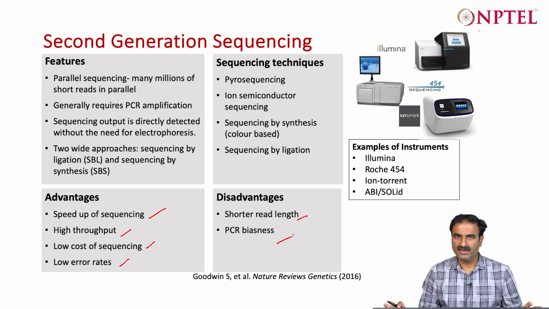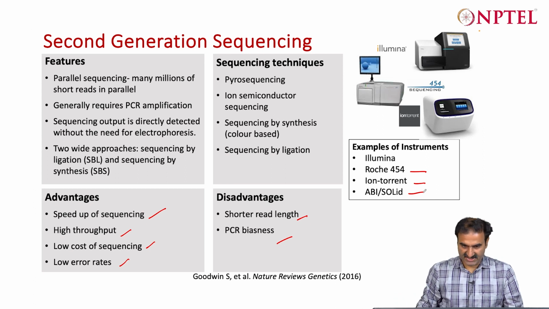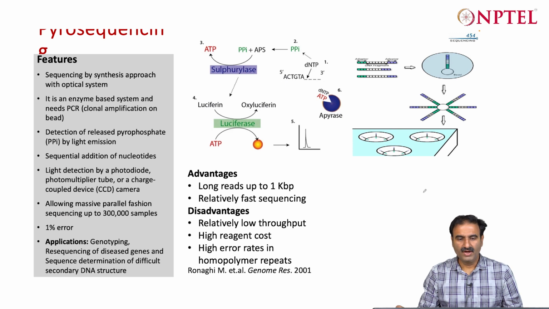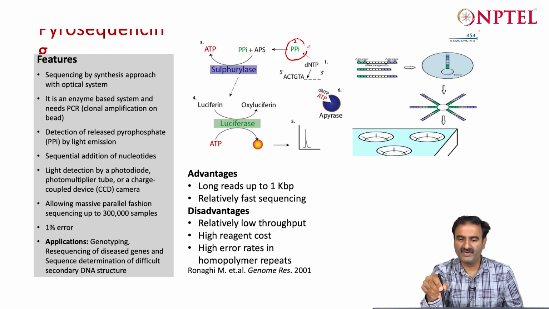This was Illumina that we have already done earlier, but there are a few other methods that came for second generation sequencing. One is pyrosequencing. Whenever a nucleotide is inserted, one pyrophosphate group is released.